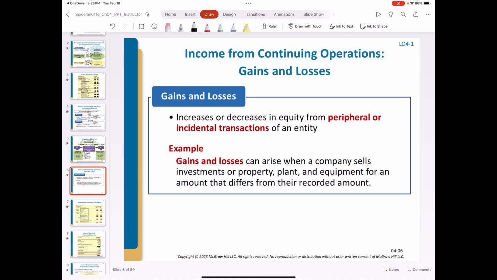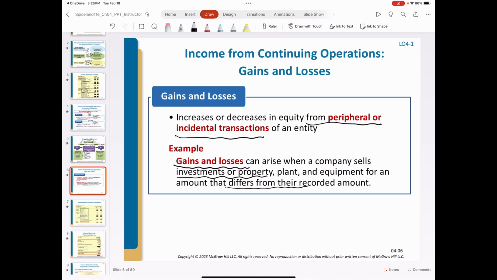Gains and losses, as I mentioned, they are similar to revenue and expenses. The difference is gains and losses represent the inflow or outflow of resources from peripheral and incidental transactions. The example is the gains and losses that arise when a company sells its assets or settles its liabilities.